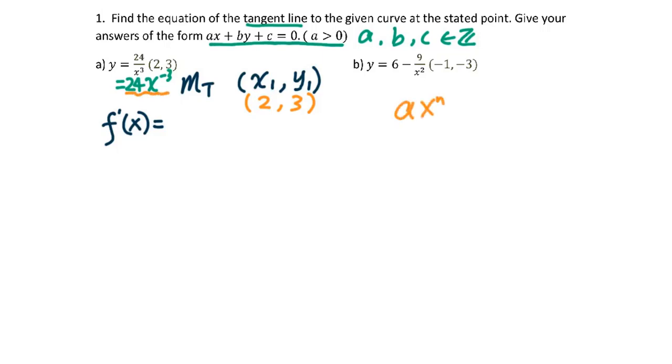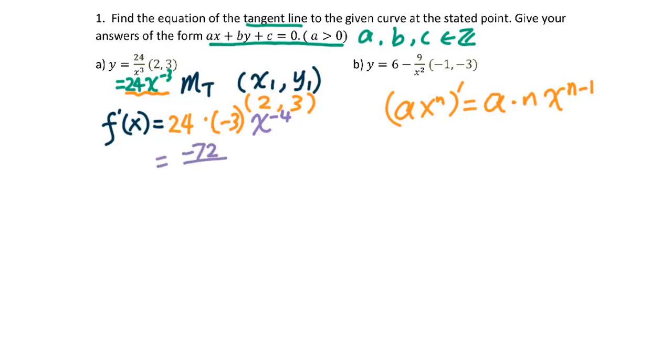Here is the formula: a times coefficient n, x to the n minus 1 power. Therefore, you will get 24 times negative 3, then x to the negative 4th power, since negative 3 minus 1 is negative 4. Organized, you will get negative 72 over x to the 4th power.